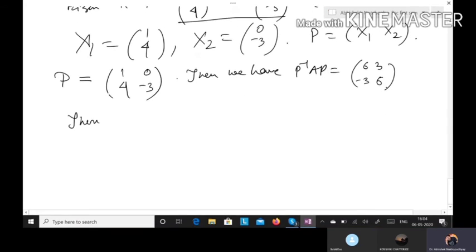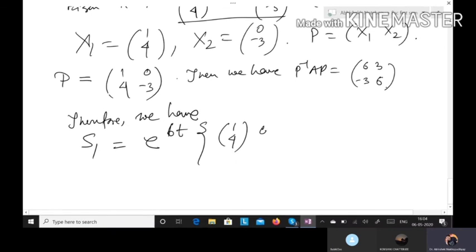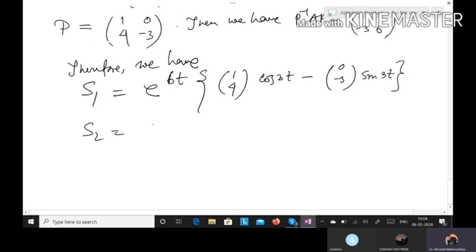So therefore we have S1 will be e to the power pt, p is 6, so it is e to the 6t times [(1, 4) cos 3t minus (0, -3) sin 3t]. And another one is S2, which is e to the 6t times [(1, 4) sin 3t plus (0, -3) cos 3t].